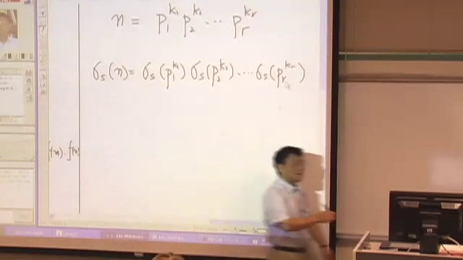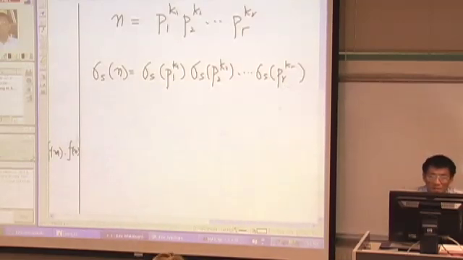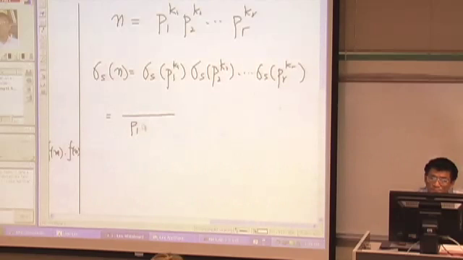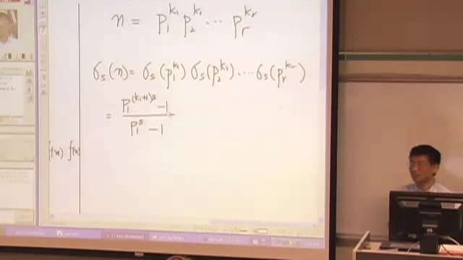We already extracted the formula for this portion, and it says (p1 to the power of (k1 plus 1)s minus 1) over (p1 to the power of s minus 1) for the first part.